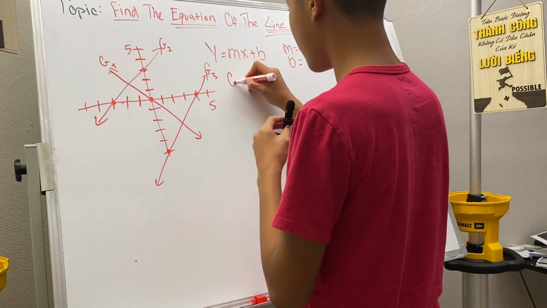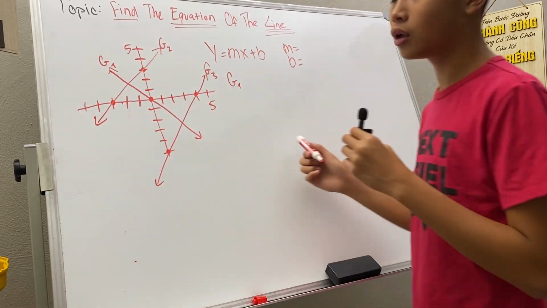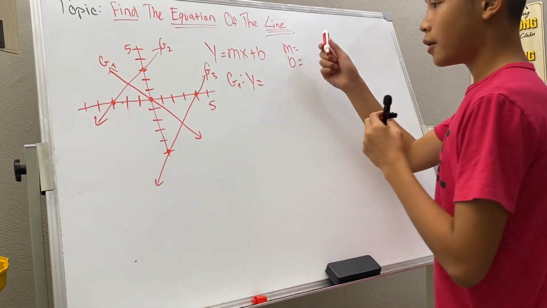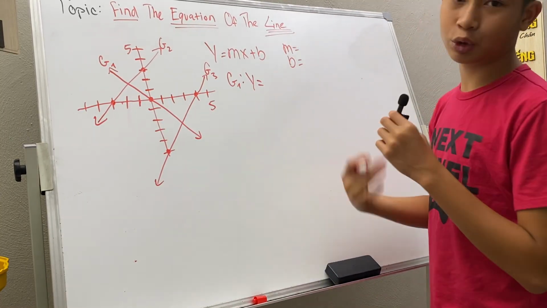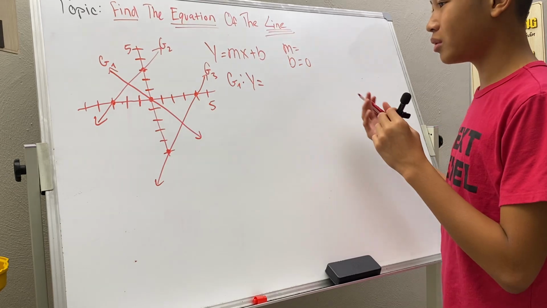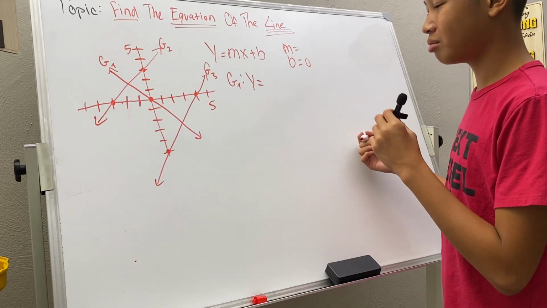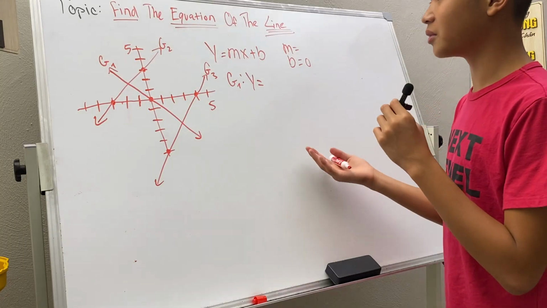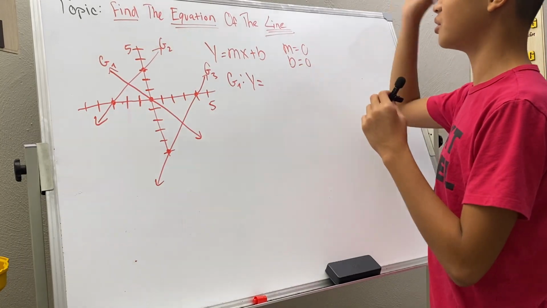Let's find graph 1 first. So graph 1 is y equals mx plus b, where the y-intercept is 0. And the slope, well, the graph passes through (0, 0). So the slope is basically 0?